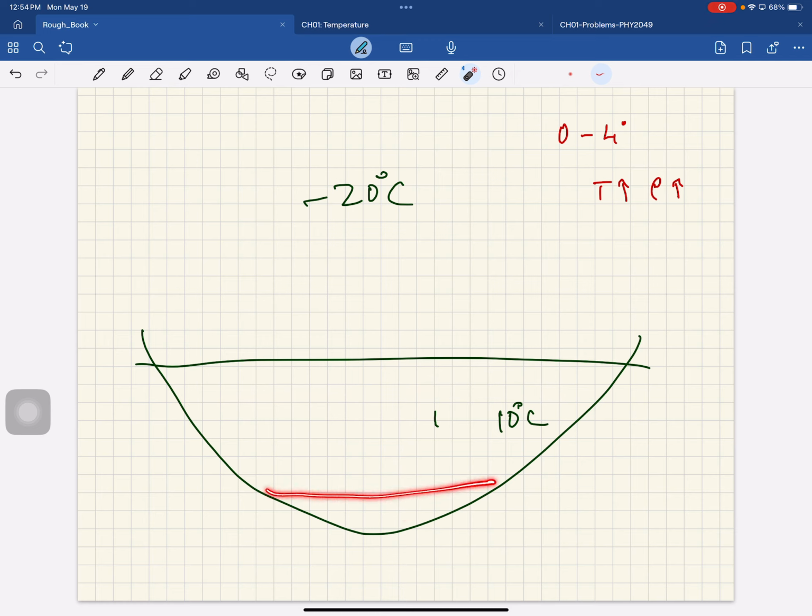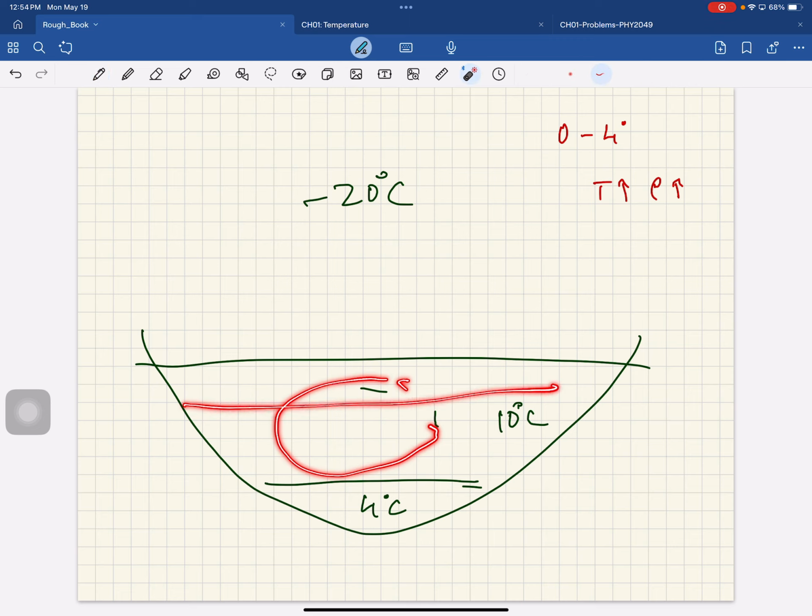So that'll be 4 degrees Celsius. Then eventually, this layer will be at 4 degrees Celsius. And eventually the whole lake will get to 4 degrees Celsius. Then this will get to 2 degrees Celsius. But this is less dense than that, and that won't sink.